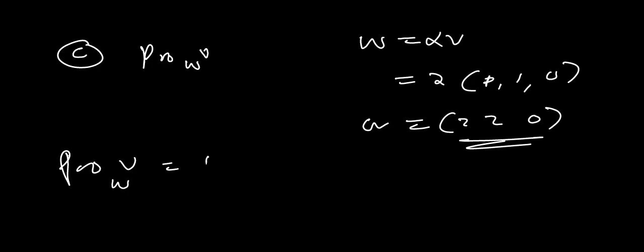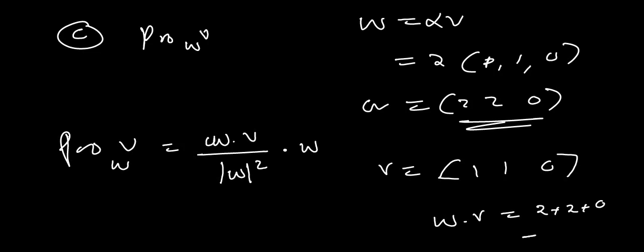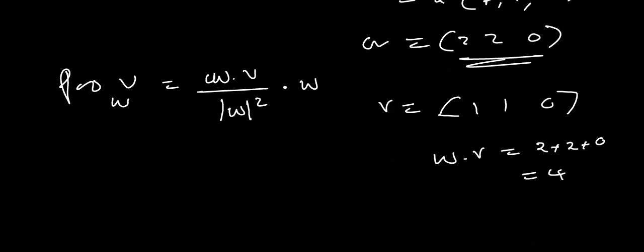That's going to be the dot product of W and V, over the modulus of W squared, times the vector W. If V is 1, 1, 0, the dot product of W and V is 2 plus 2 plus 0, that's just 4. The modulus of W squared is 4 plus 4 plus 0, that's 8.